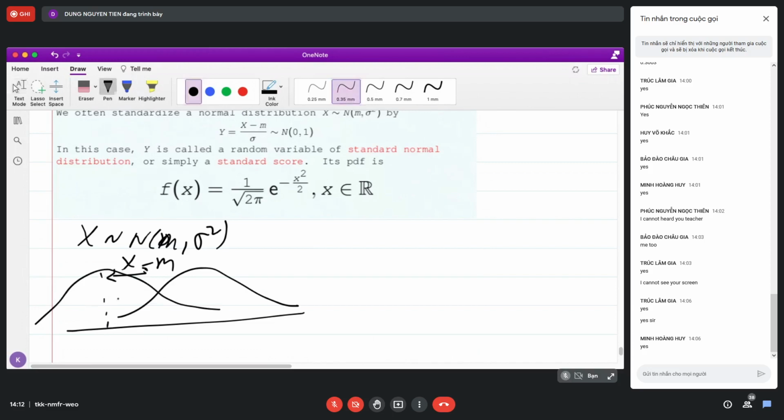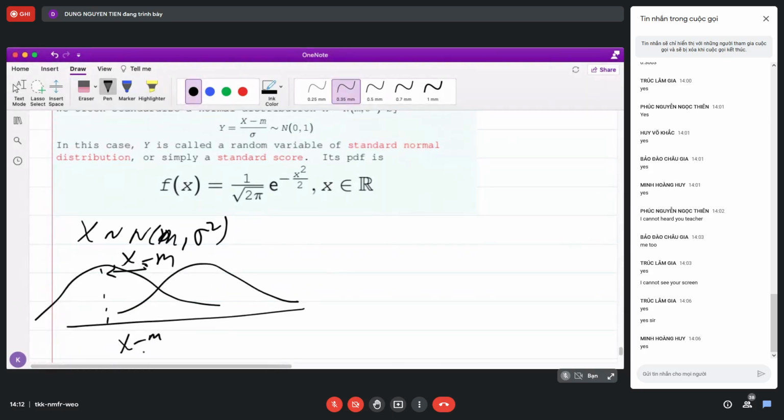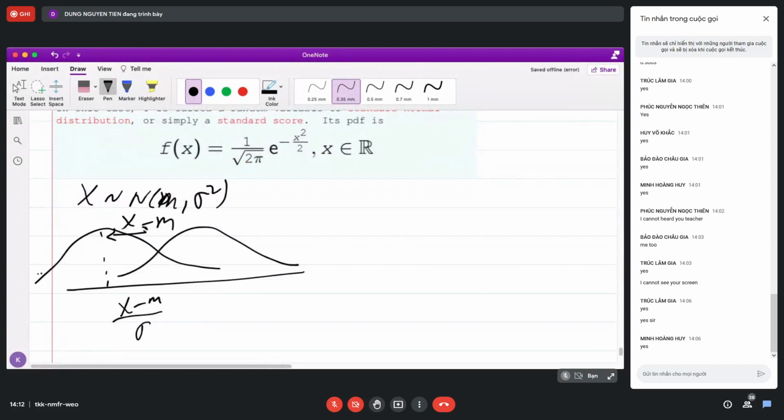It still has a bell shape like that. And if you divide x minus m by sigma, then you scale it. You still have something similar, and it also has a normal distribution. So we can say that y follows a normal distribution with a mean a and a variance v.